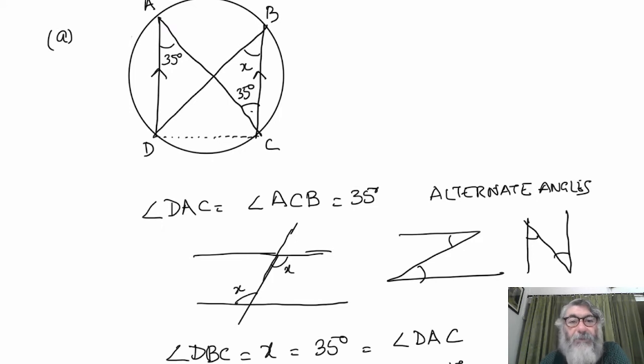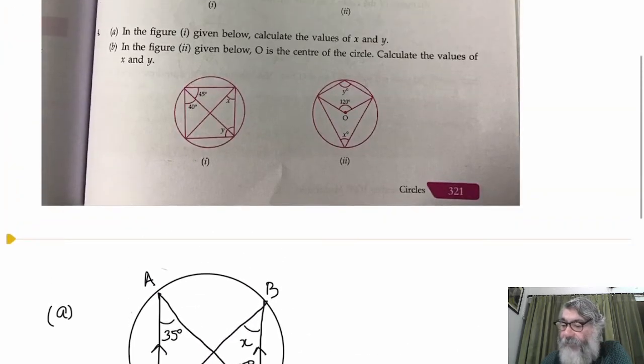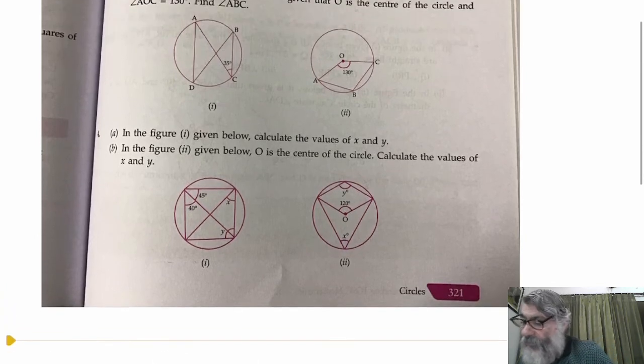DC is the chord of the circle, and A and B are lying on the same side of the circumference. So angle DAC and angle DBC are angles in the same segment, and we have used the property angles in the same segment.